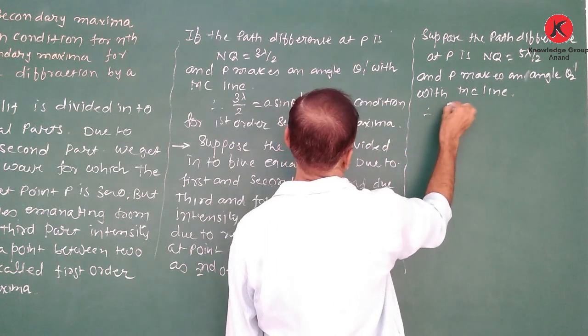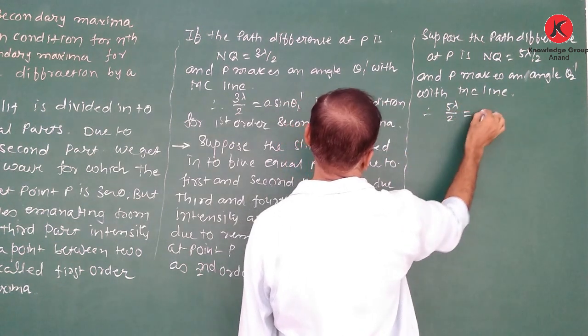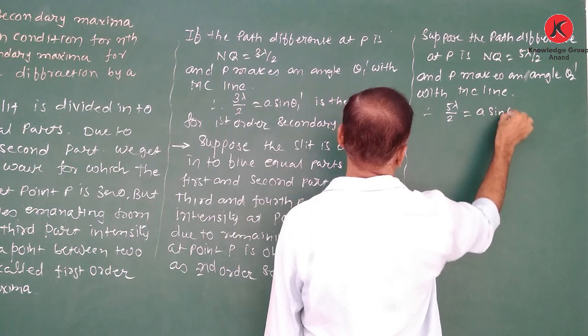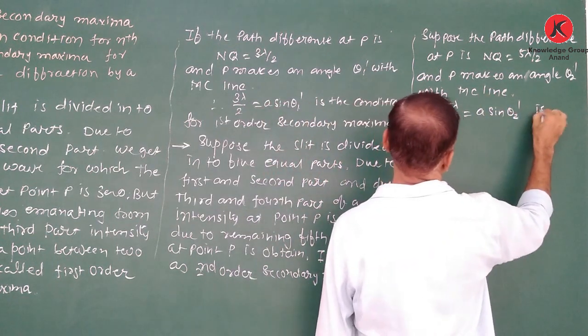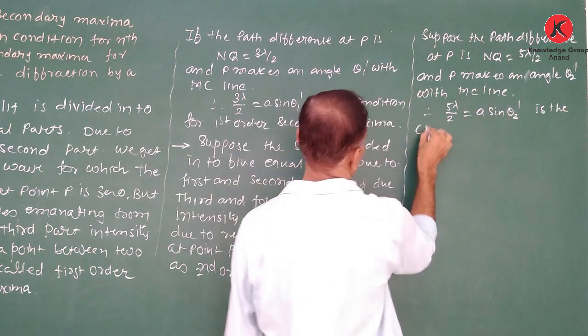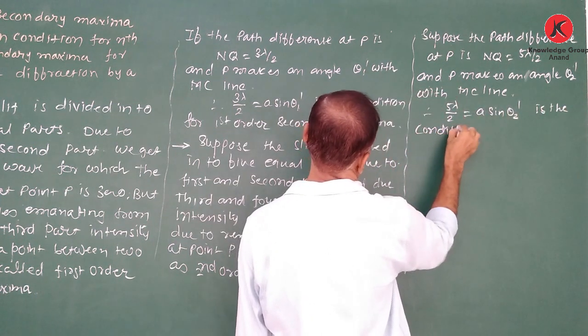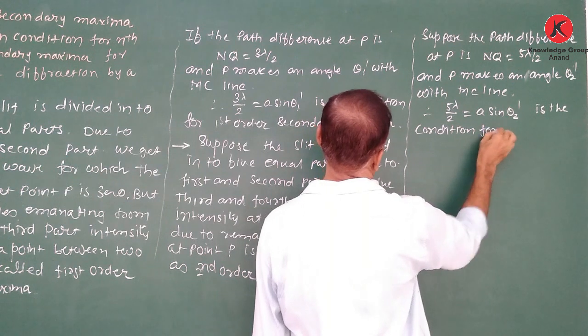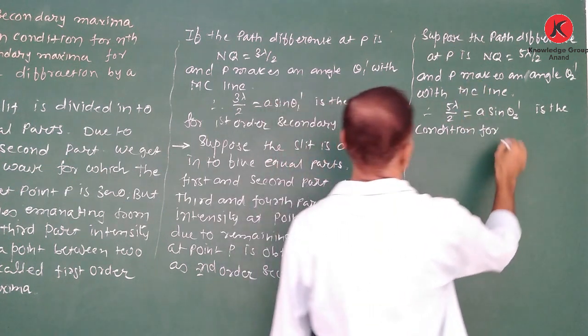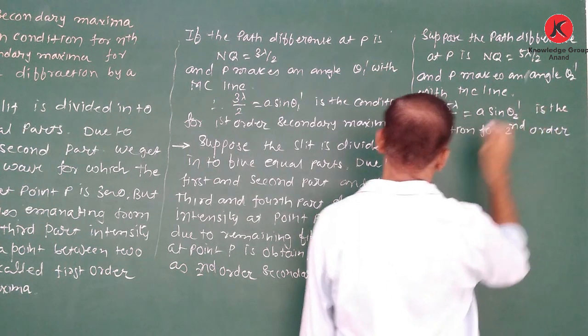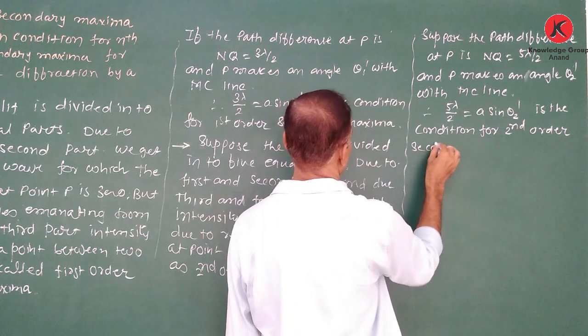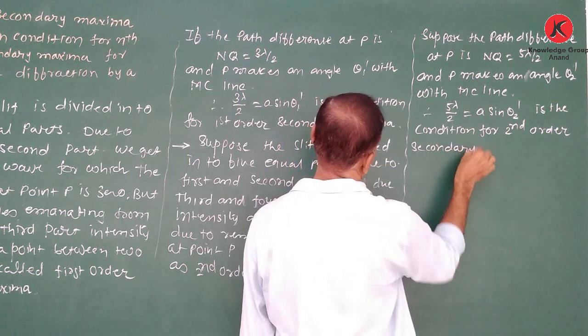Therefore 5 lambda by 2 is equal to a sin theta 2 dash, which is the condition for second order secondary maxima.